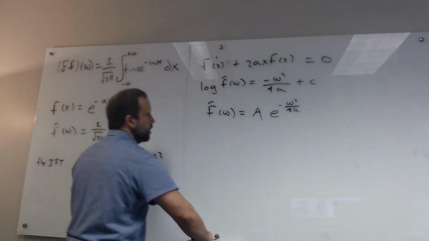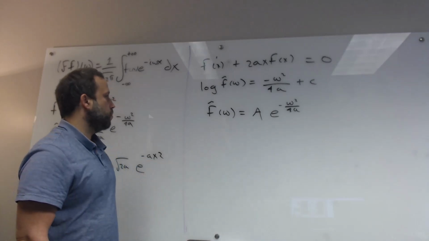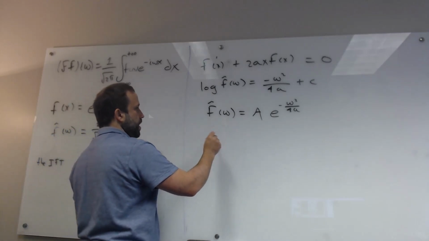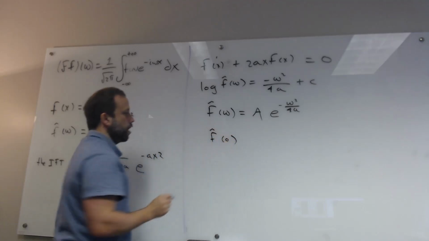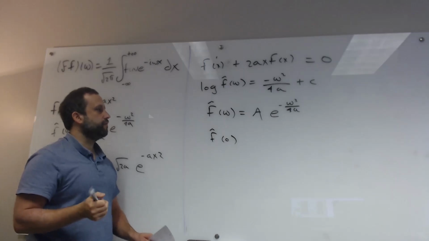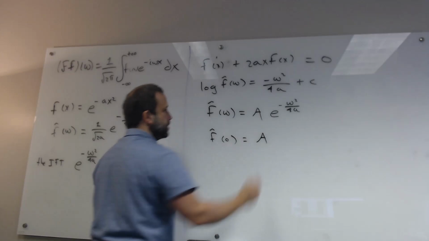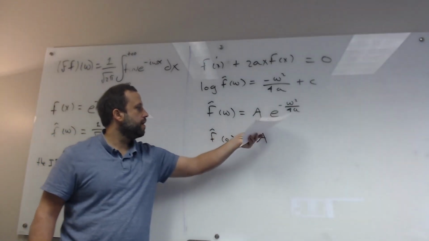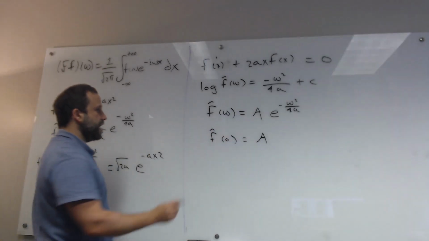Okay, so now what is this A equal to? I need to figure out what this A is equal to. Well, that's going to be f hat of 0. So f hat of 0 is the Fourier transform of my function when omega is equal to 0. That's equal to A, because if I put omega equal to 0 there, this is 1, so A is equal to f hat of 0. Well, what is f hat of 0 equal to?